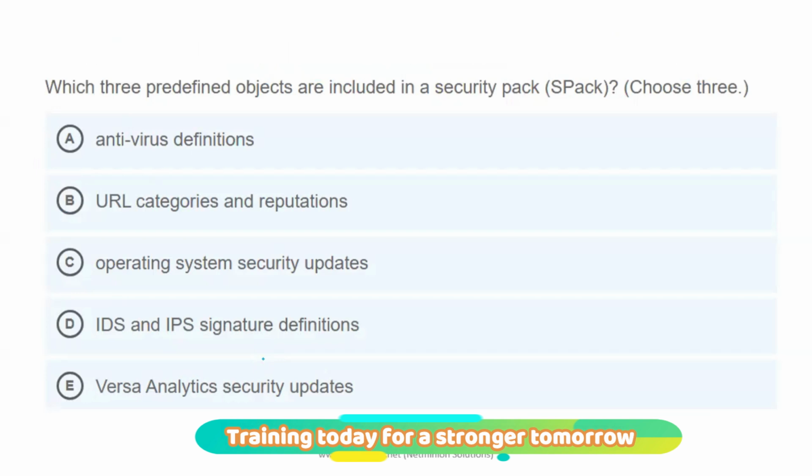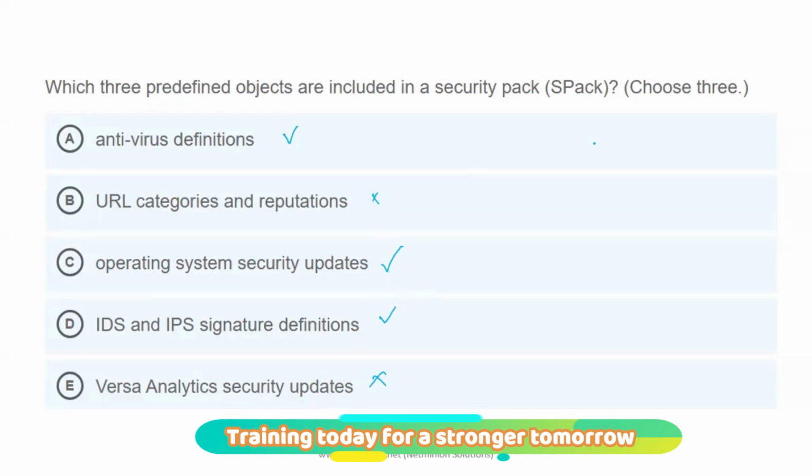Which three predefined objects are included in a security profile? It can be antivirus, URL categories and reputation, security updates for sure. Operating system updates, no. Versa analytics, no. Now for one of them, maybe I will go for IDS and IPS signatures, but we need to read about it.